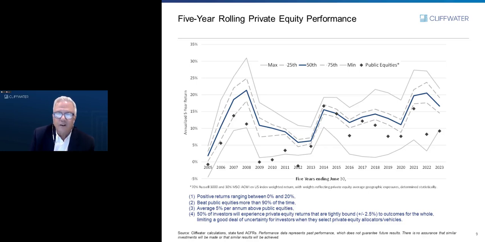You might want to do better than the median, but there's a good chance you're going to be pretty close to it.